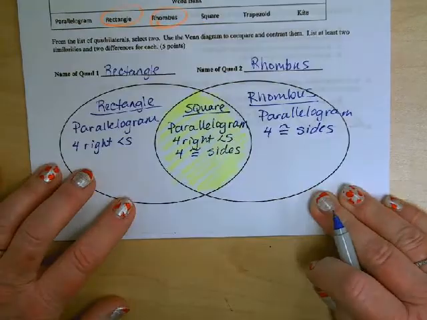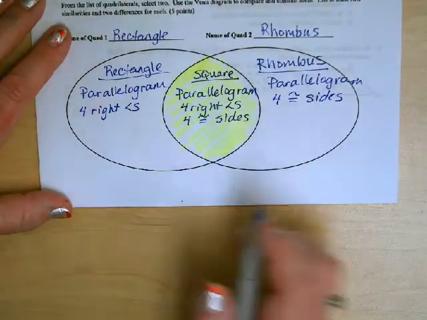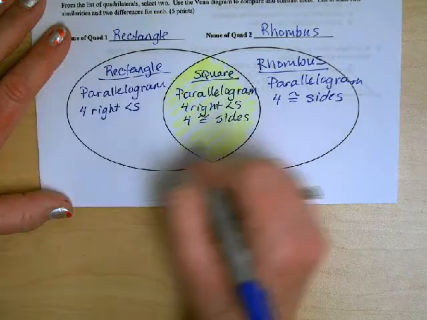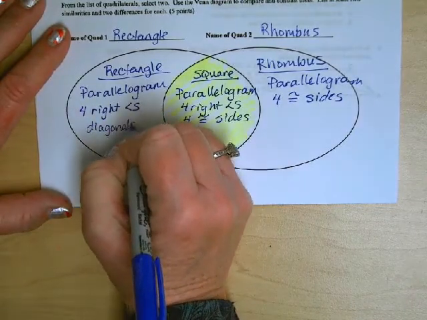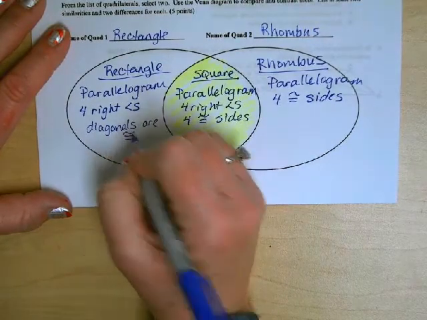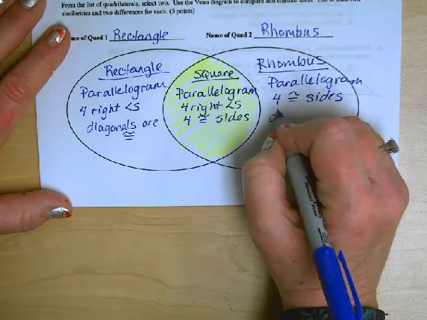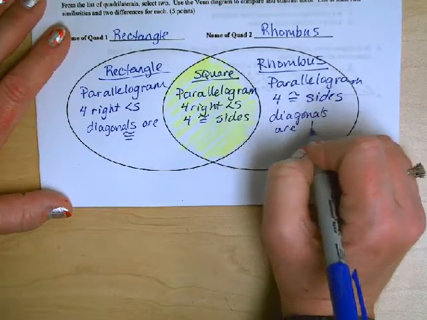Okay. And then the other thing we can say is that for the rectangle, the diagonals are congruent. And then in a rhombus, the diagonals are perpendicular.